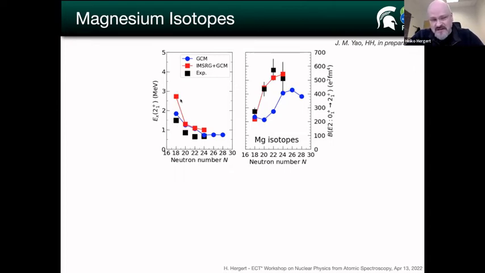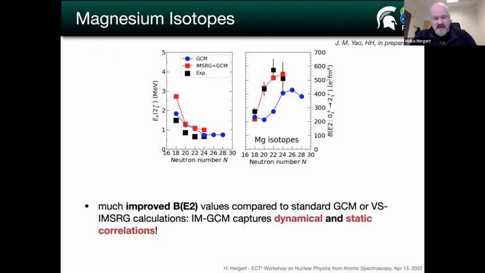This is essentially that in this nucleus, the IMSRG evolution tunes the Hamiltonian too much for the ground state rather than for this excited state. That's something we'll see on another slide in a second. But the message here is that we get much improved BE2 values from this method that captures both dynamical and static correlation.